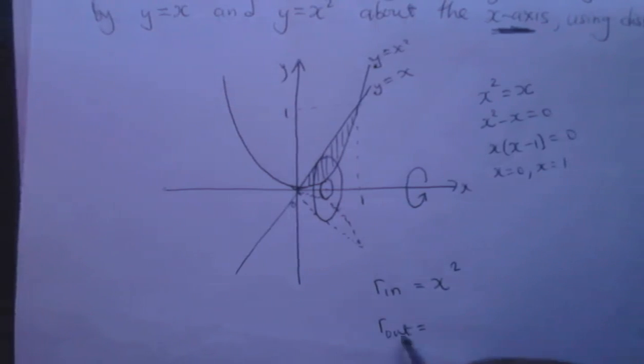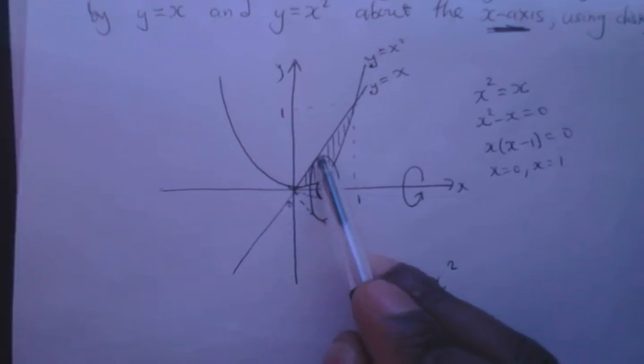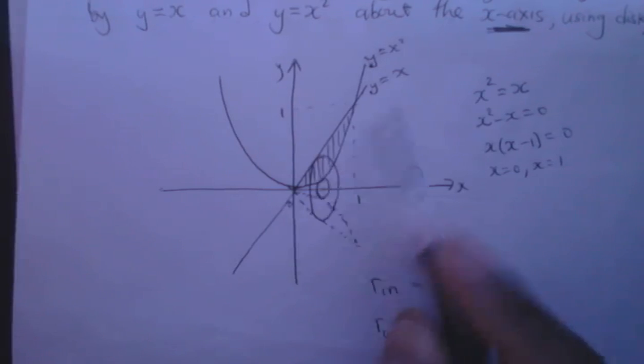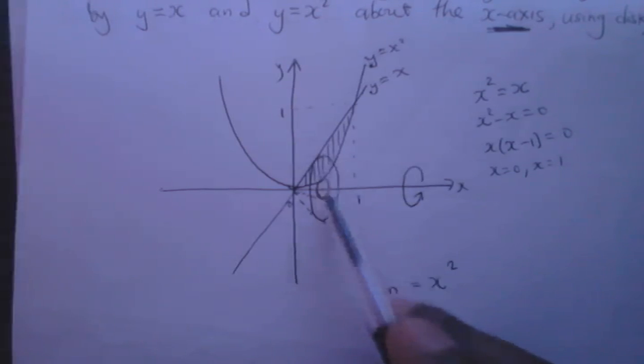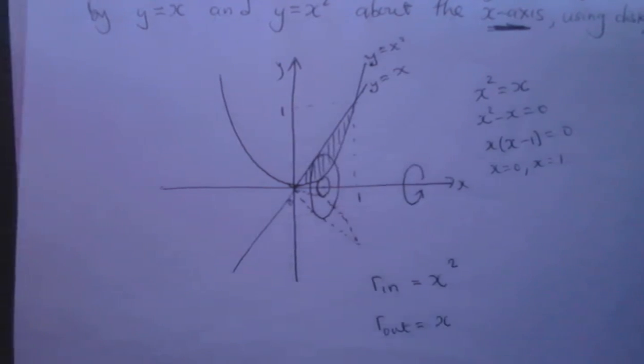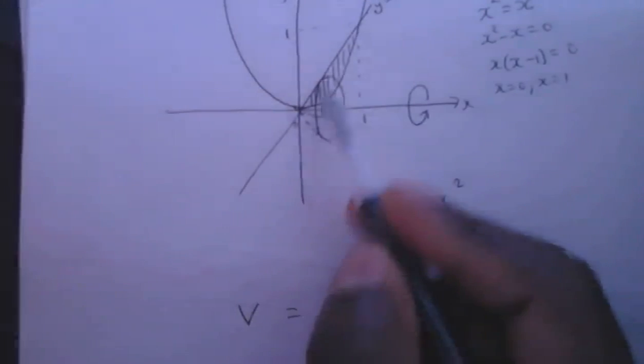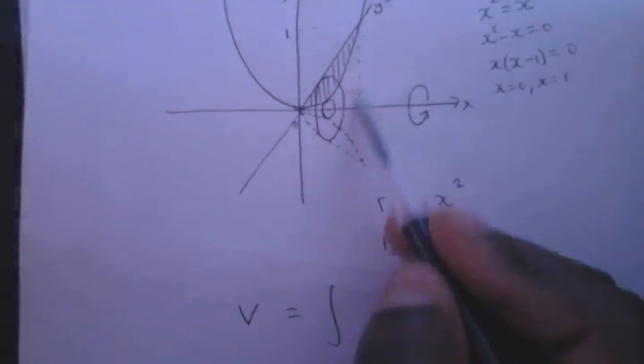Alright. Now let's look at the outer edge. The outer edge is the distance from the axis of rotation, which is your x-axis, all the way to the line. Now what is the line? It's just x. That distance is top minus bottom, which is just x minus 0, which is just x. There we go. And therefore, we can find our volume, which is just going to be an integral. We focus on this shaded piece. It's from 0 all the way to 1.